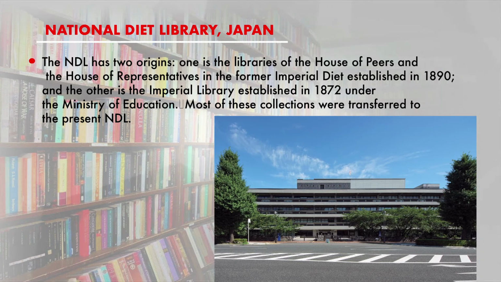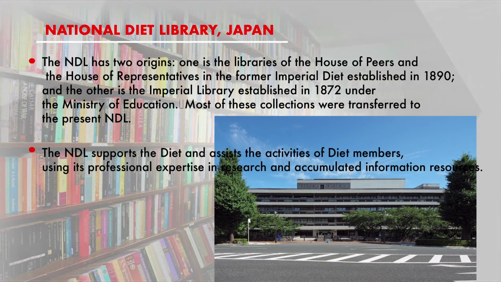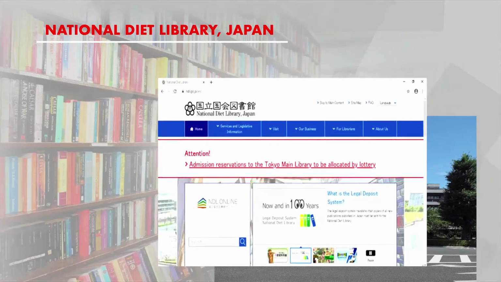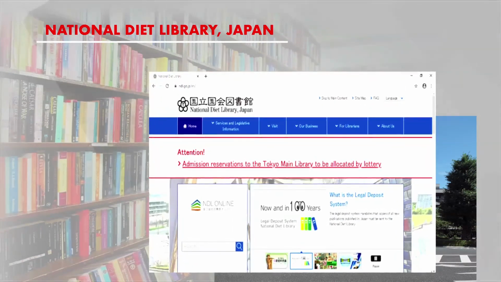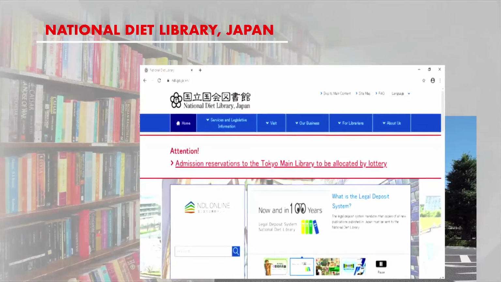Most of these collections were transferred to the present National Diet Library of Japan. The NDL supports the Diet and assists the activities of Diet members using its professional expertise in research and accumulated information resources. So, this is a screenshot from the National Diet Library of Japan.